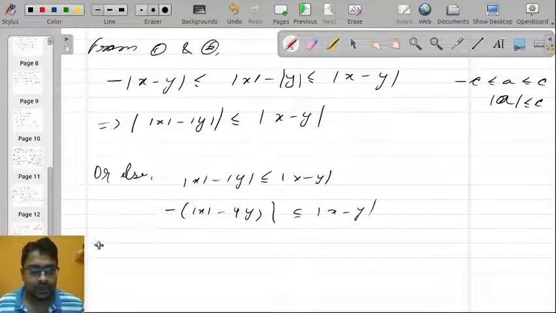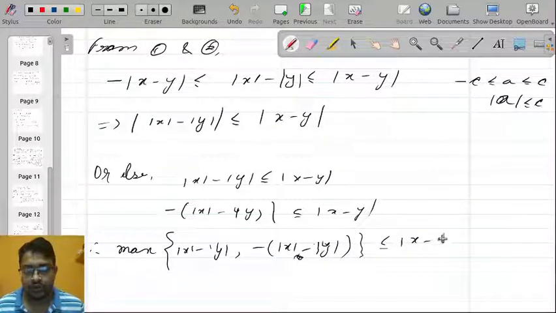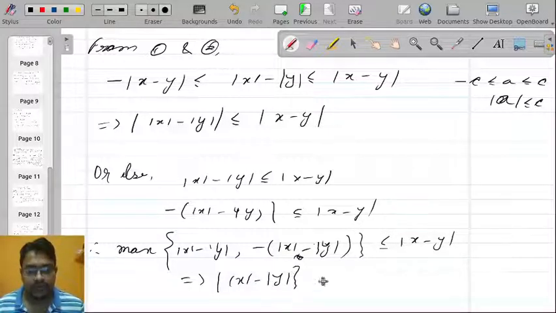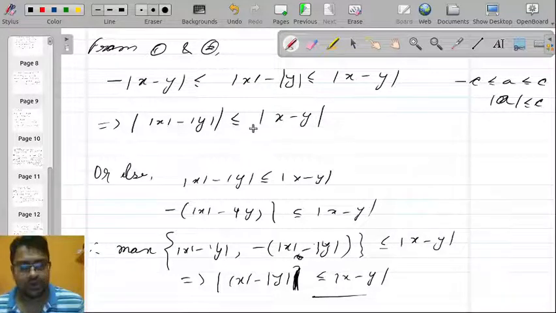So therefore the maximum of mod x minus mod y comma minus of mod x minus mod y is less than or equal to mod of x minus y. But what is this? This is nothing but mod of mod x minus mod y, since the maximum of a comma minus a is mod of a. So this is less than or equal to mod of x minus y. We can do it this way also. Both are okay.